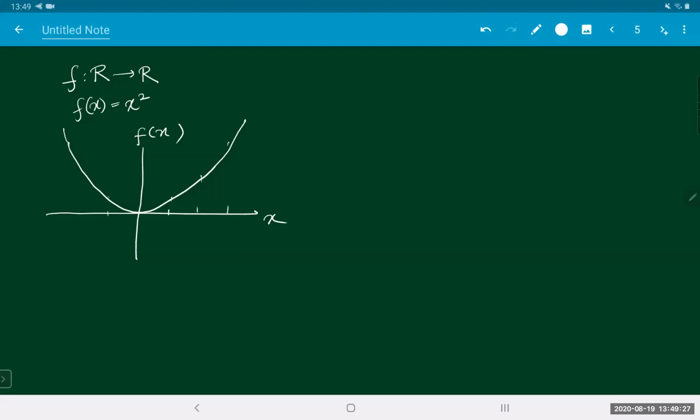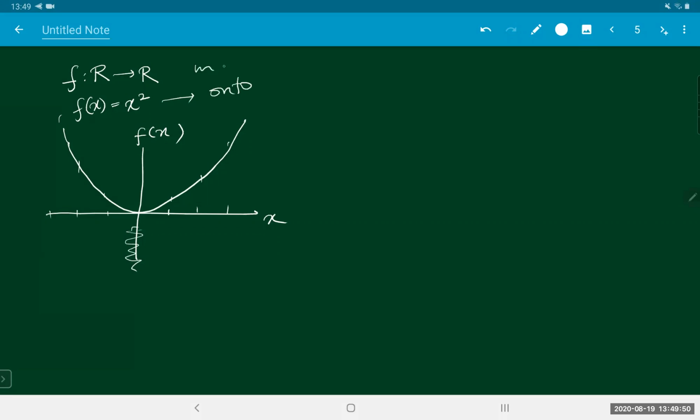But also -1 gets mapped to 1, -2 gets mapped to 4, -3 gets mapped to 9, and so on. But the negative axis never comes from anything. There is no real number x for which x square is negative. So this is an into function.